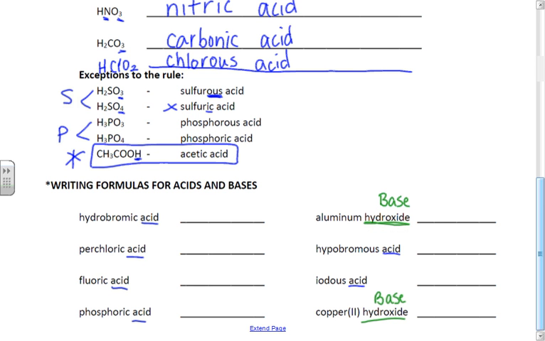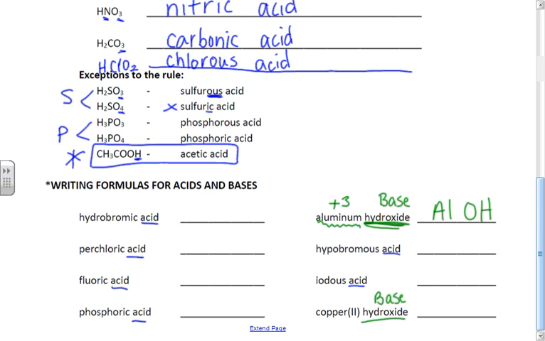If I have aluminum, I have my symbol for aluminum, Al, and then I have hydroxide, which is OH. But when you're writing the formulas for these, you have to think about what the charge on this metal is, because the charge on the metal will help you figure out how many of these OHs will be tacked onto the end. So we look up Al on our periodic table, and it's going to be in the +3 column.